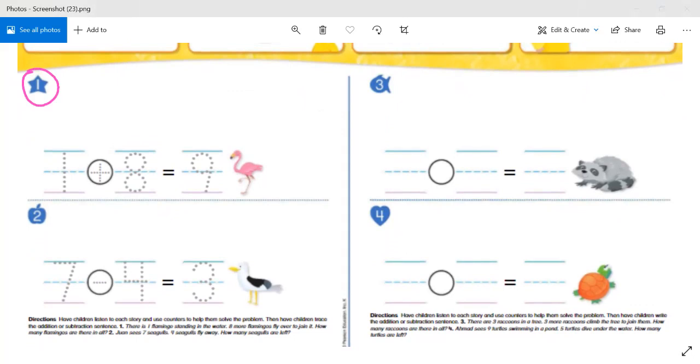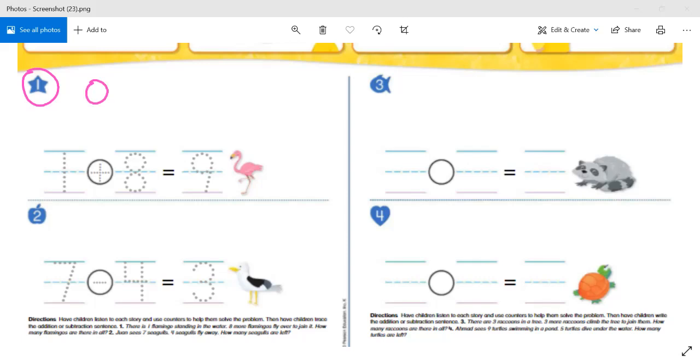You can draw in your counters, and you're going to trace the addition or the subtraction sentence. All right, so number 1, there's one flamingo standing in the water. So we have one flamingo. 8 more flamingos fly over to join it.